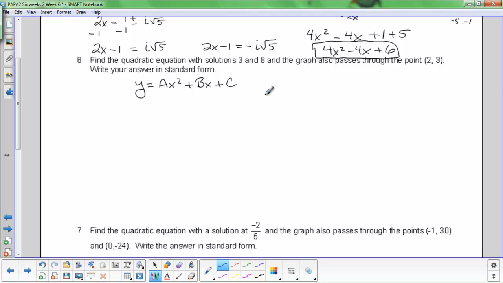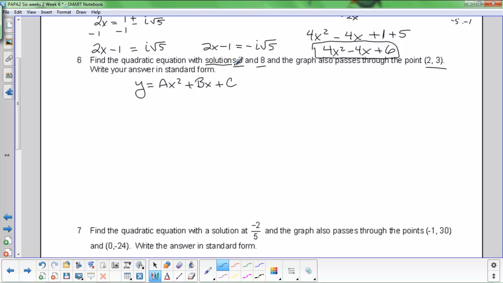So we have three different places where we can plug in a number for x and y. If we have three variables, we can create a three-variable system with three separate equations, and if we can solve a three-variable system, we can use the matrix to help us get the answer that we need.